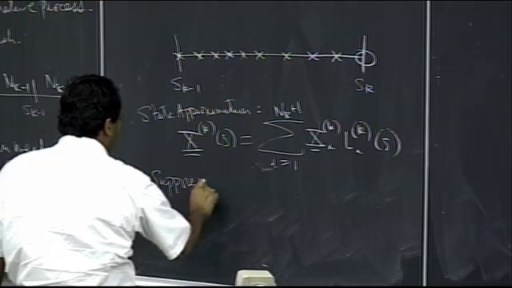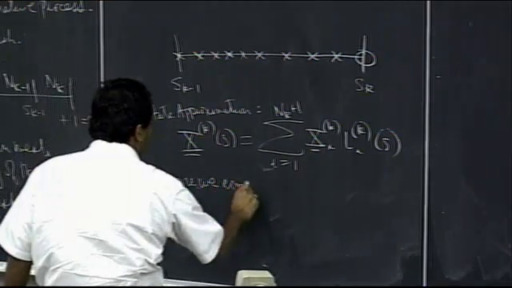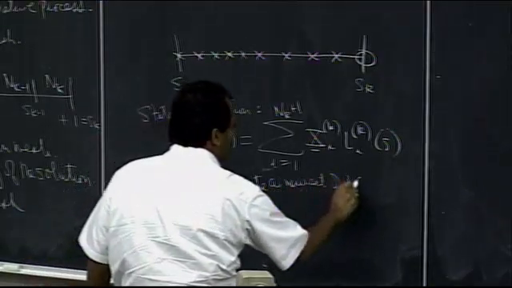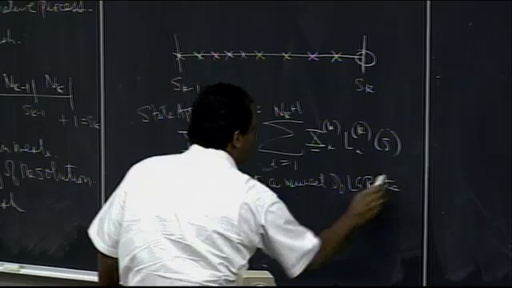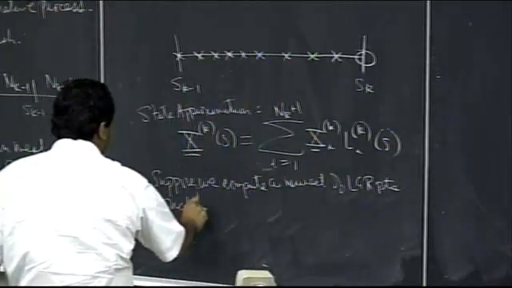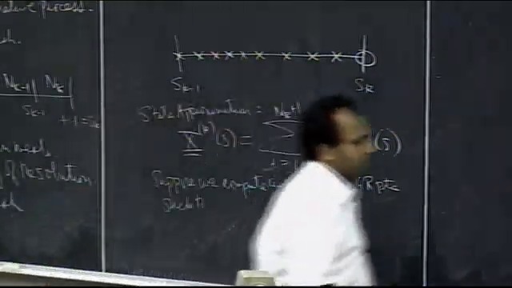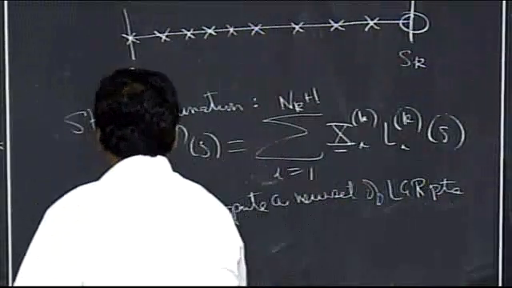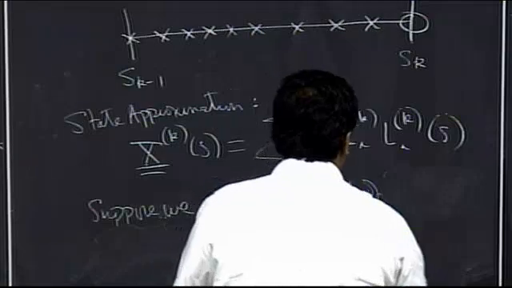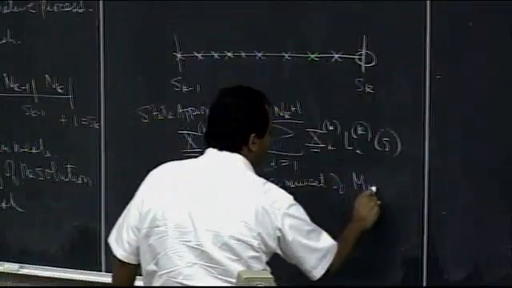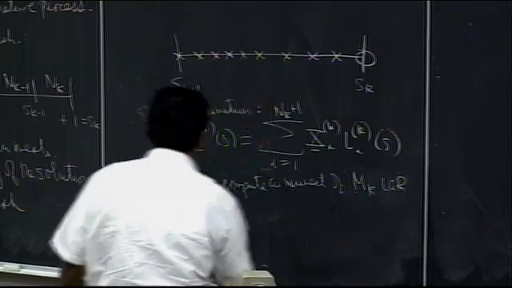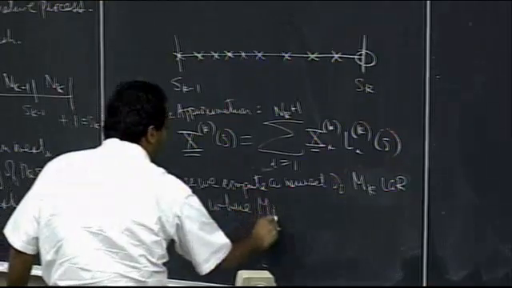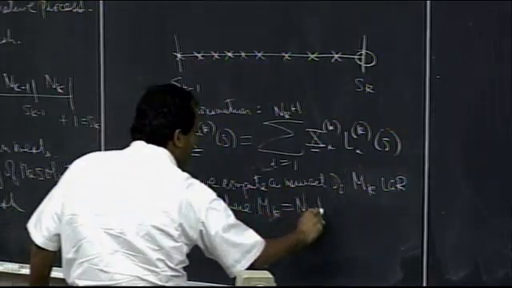Suppose we compute a new set of LGR points, new set of M sub k LGR points, where M sub k is equal to n sub k plus 1.